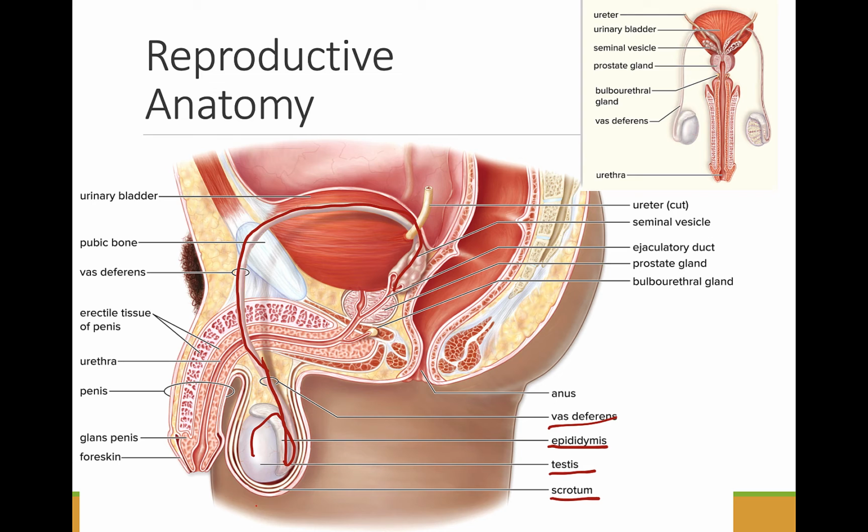After the vas deferens, the sperm enters a short tube called the ejaculatory duct. There are 3 glands connected to the ejaculatory duct that produce secretions to make a fluid called semen to accompany the sperm cells. The seminal vesicle, the prostate gland, and the bulbourethral glands each secrete a component of the semen.